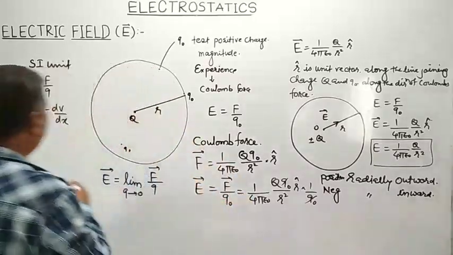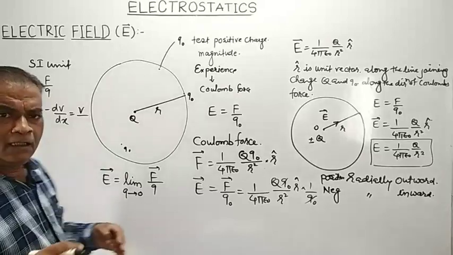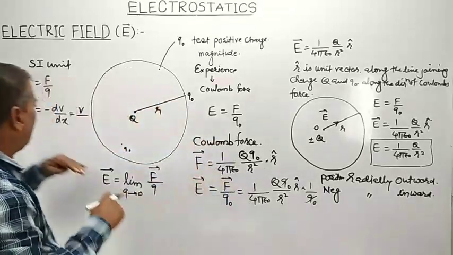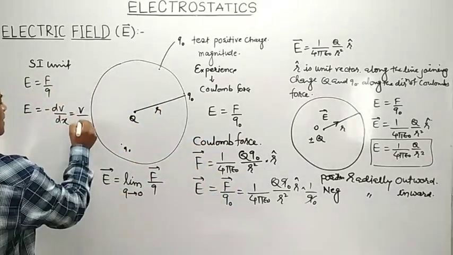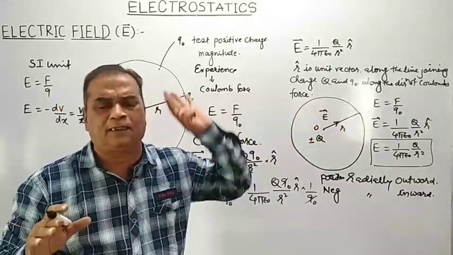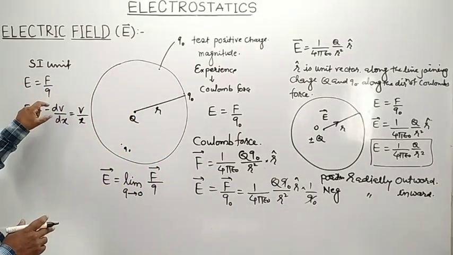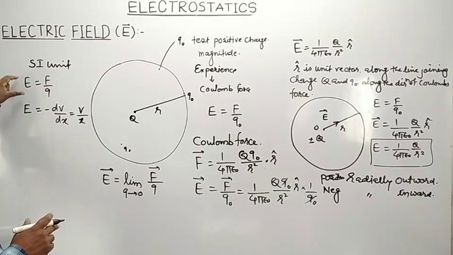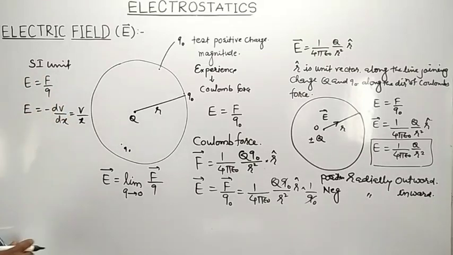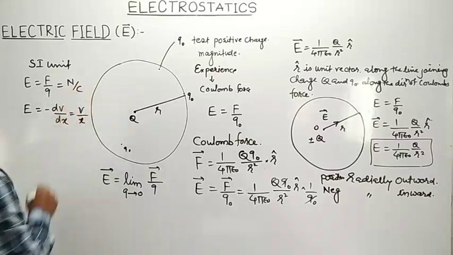Potential is denoted by the letter V. Gradient means the change in potential with change in distance is called potential gradient. So E is equal to negative of potential gradient. See here, E equal to F by q, E equal to V by x. Force is measured in Newton, charge is measured in Coulomb.